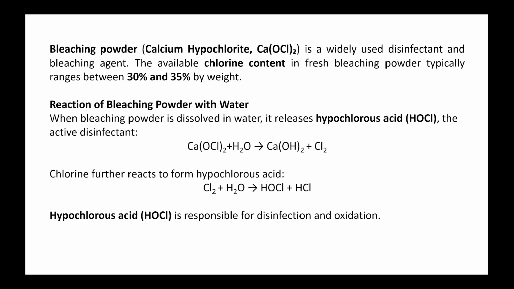Bleaching powder is widely used as a disinfectant because it can kill the bacteria present on a surface. Disinfectants are chemicals that reduce the number of living organisms present on a surface.